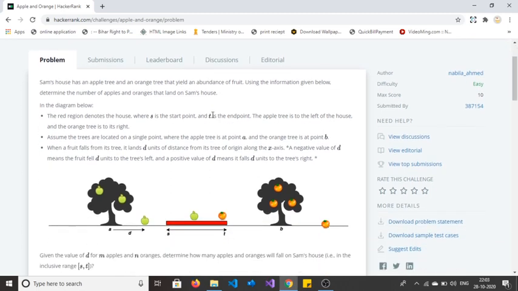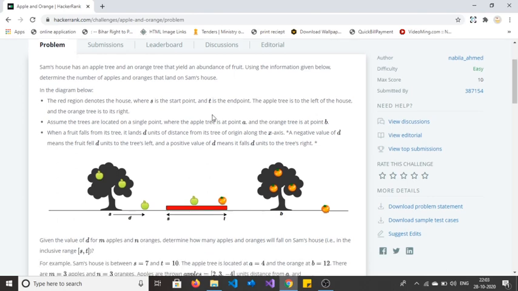Sam's house has an apple tree and an orange tree that yield an abundance of fruits. Using the information given below, determine the number of apples and oranges that land on Sam's house. In the diagram below, the red region denotes the house, where S is the starting point and T is the end point.